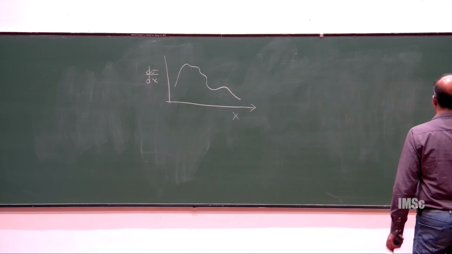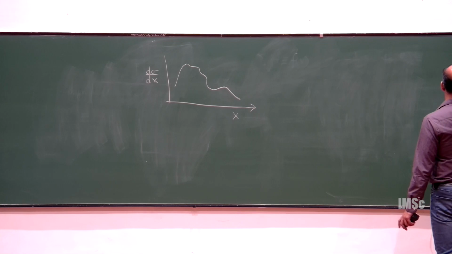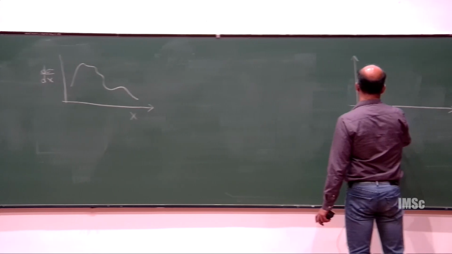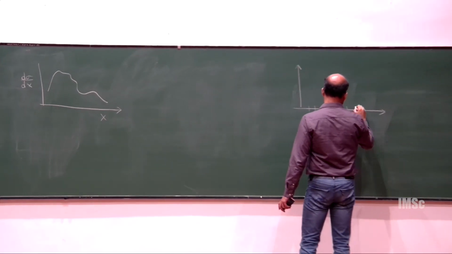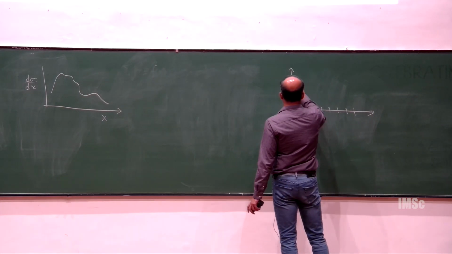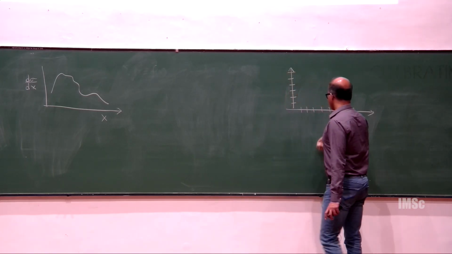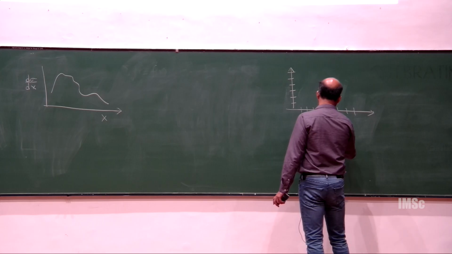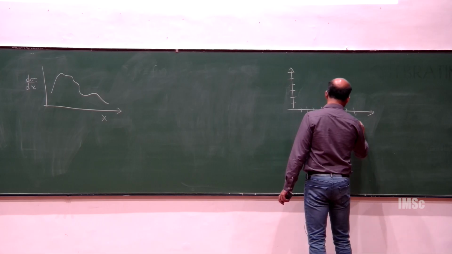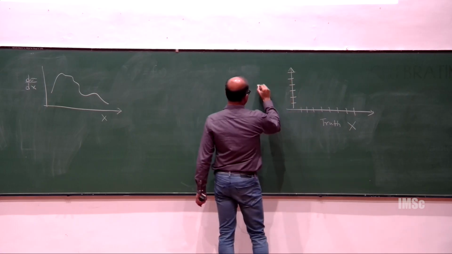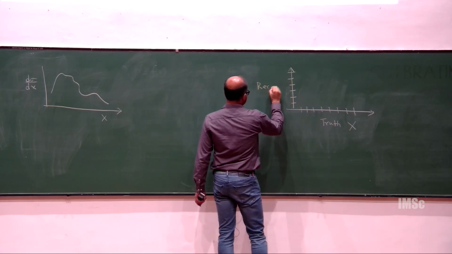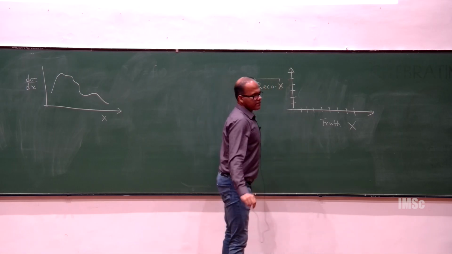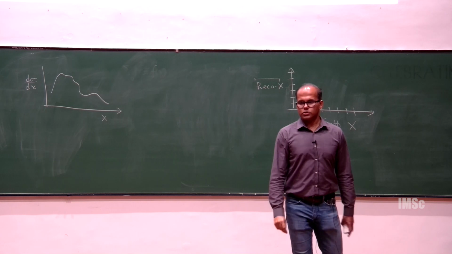So I try to construct a response matrix where the matrix is in the bins of X, truth X versus reconstructed X, where reconstructed X suffers from the detector resolution effects.